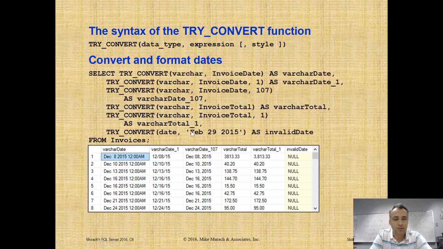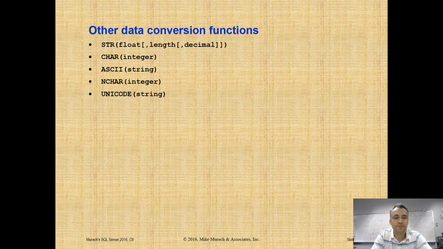This is just a constant value that does not exist, and hence the invalid date column is null. So it returns null when it cannot really convert. And the rest of the table should be exactly the same as the previous example.